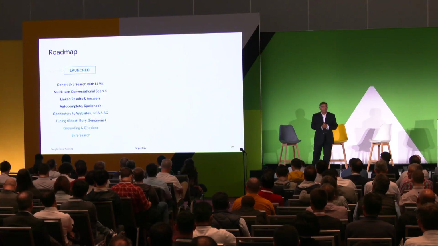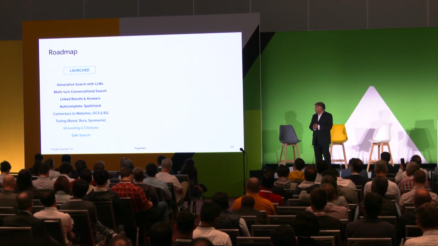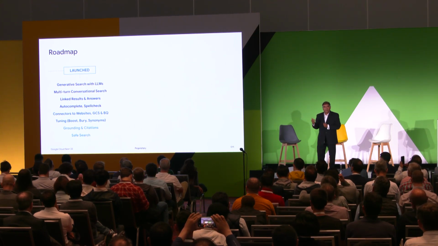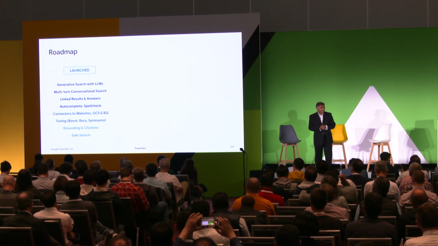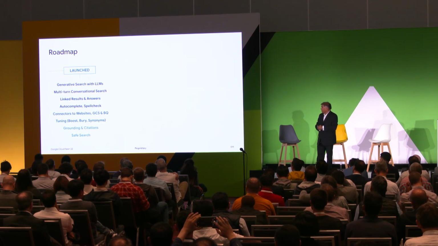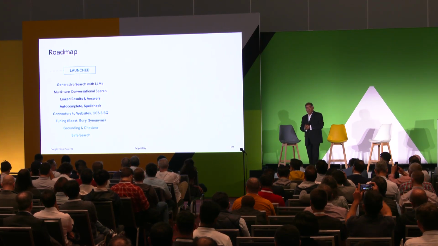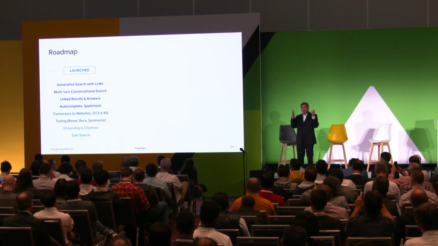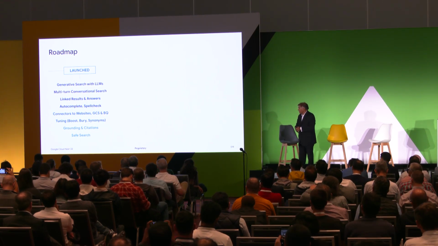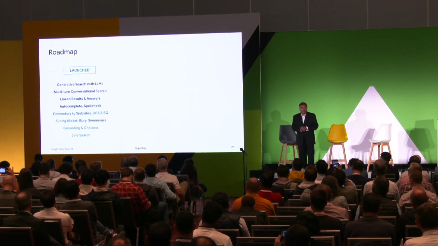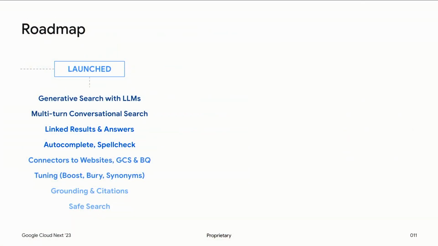In terms of roadmap, this is not an exhaustive list of things that we have launched up till now. What we have launched is generative search with LLM capabilities, and as part of that generative search, we already talked about grounding it to your defined corpus of data. The second thing is multi-turn conversational search, where you're able to have a conversation and maintain state between searches.